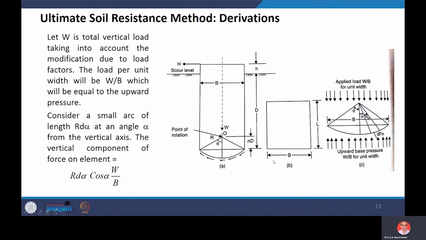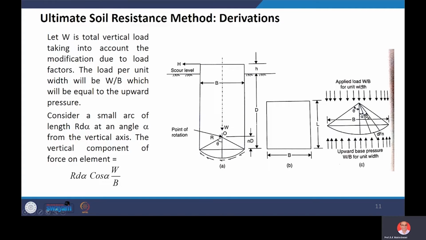And this is the plan of the well, where the width of the well is B and the length of the well is L. So that means its cross section is rectangular, not circular.